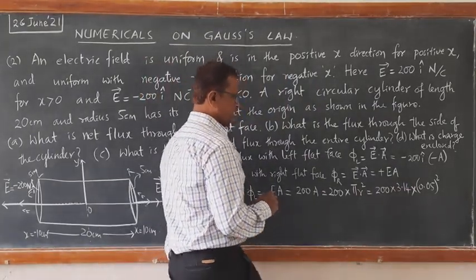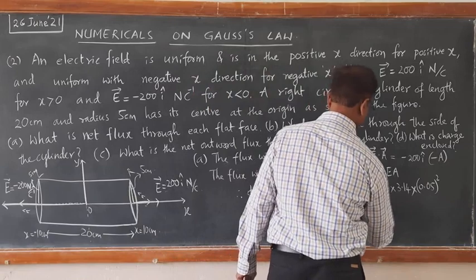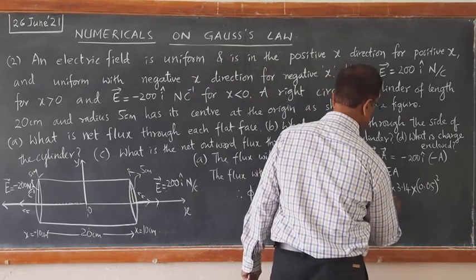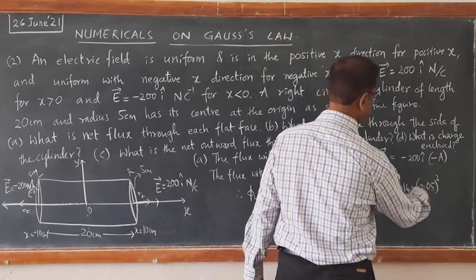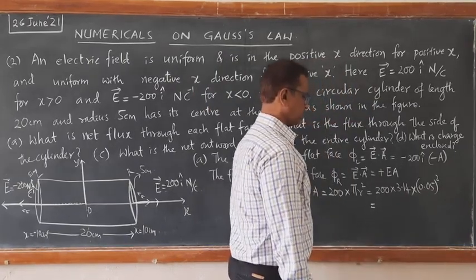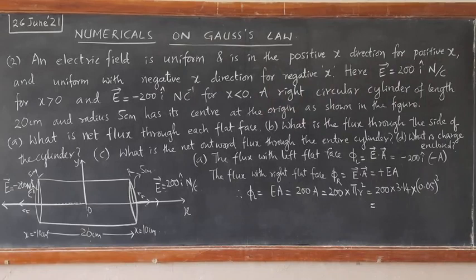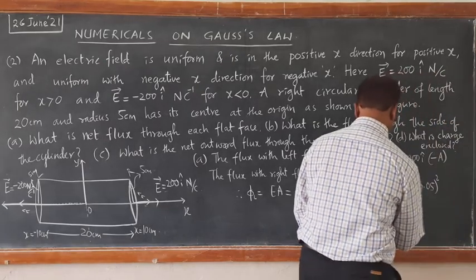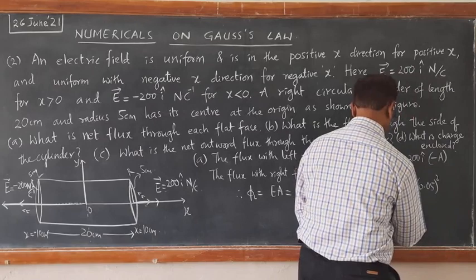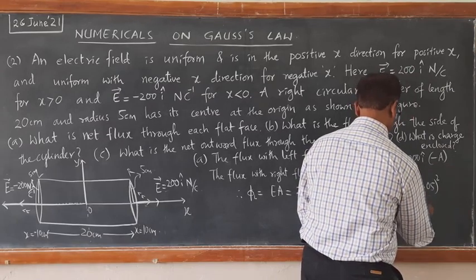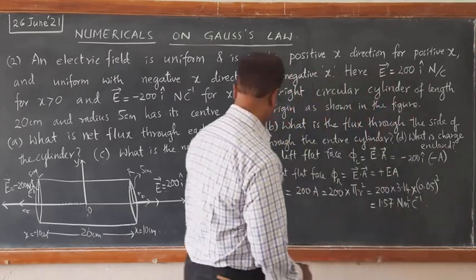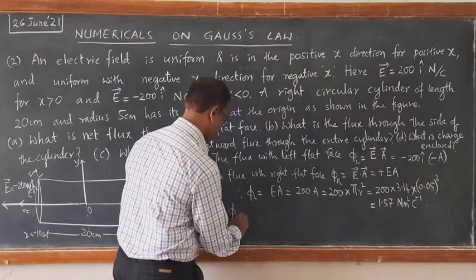If you calculate this, it comes out to be about 1.57 Newton meter square per coulomb.